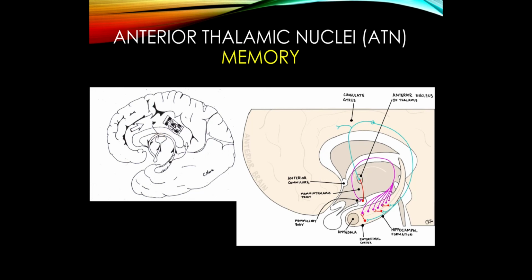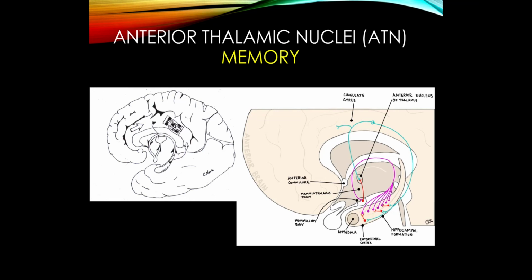So here's a more detailed drawing by a student that just graduated here recently. If we follow the pathway from the hippocampus around to the mammillary bodies, from here it goes up via the mammillothalamic tract to the anterior nucleus of the thalamus, and then from there we have these projections up to the cingulate gyrus, and then that goes back down to the hippocampus.